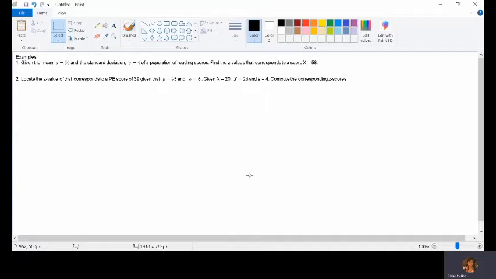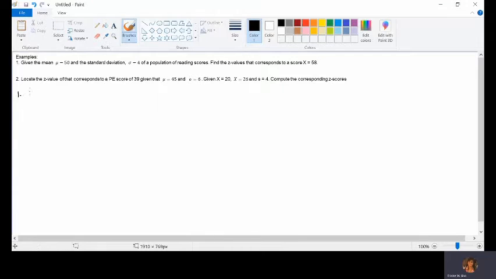Number 1. Given the mean, mu, is equal to 50, and the standard deviation, sigma, equals 4 of a population of reading scores, find the z-value that corresponds to a score of x equal to 58. Your x, remember, that is your random variable. So let's first identify the givens.